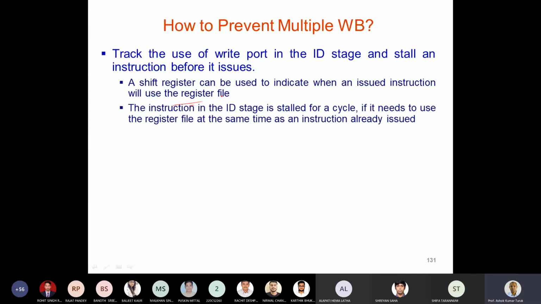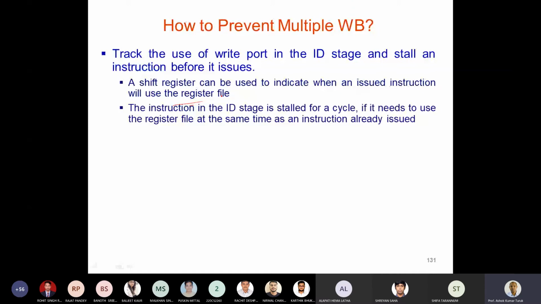The instruction in the instruction decode stage is stalled for a cycle if it needs to use the register file at the same time as an instruction already issued. That means if the instruction in the ID stage will conflict with a previously issued instruction for write to the register file, then you delay the issuing of the instruction by one clock cycle.